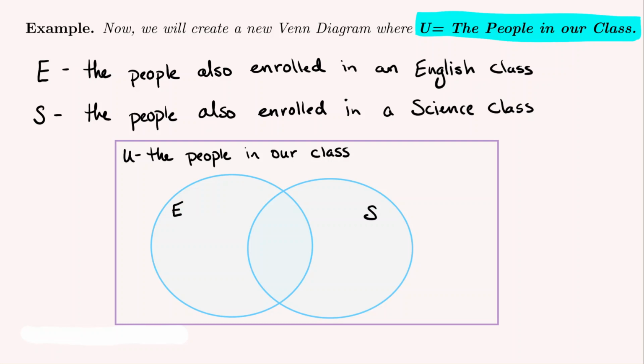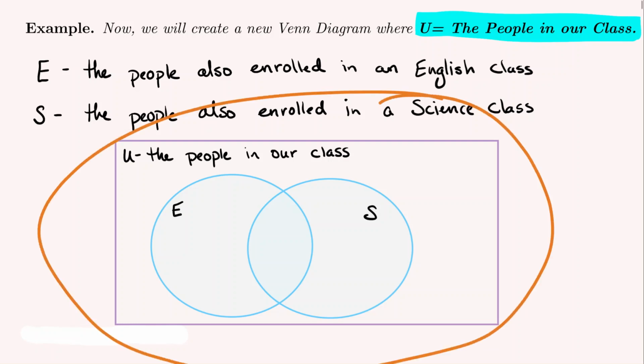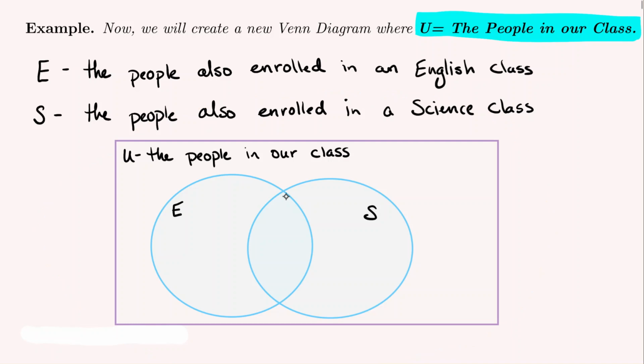Finally, what section of the Venn diagram would represent those students who are enrolled in both an English class and a science class at the same time? So we practiced a bit identifying what the different sections represent. However, the problem was completed whenever we drew our properly labeled Venn diagram, and we showed that the two sets should have some overlap.